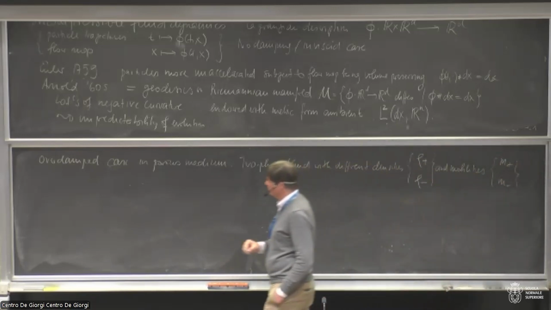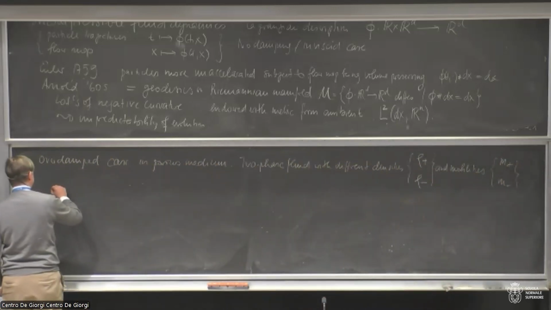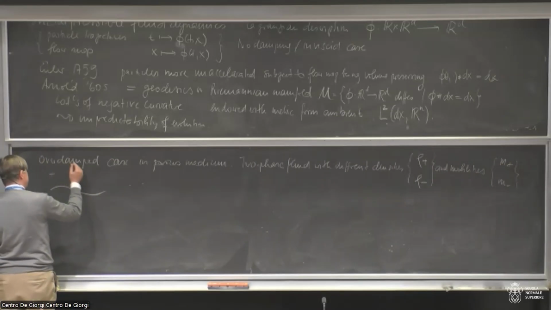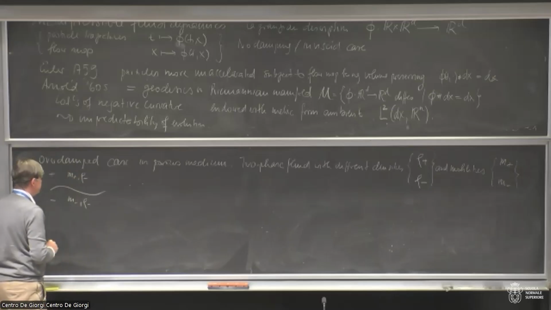So the picture to have in mind for that kind of configuration is described by an interface between the plus and the minus phase. The upper phase is characterized by mobility and density, and likewise the lower phase.